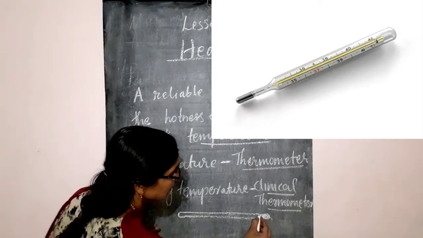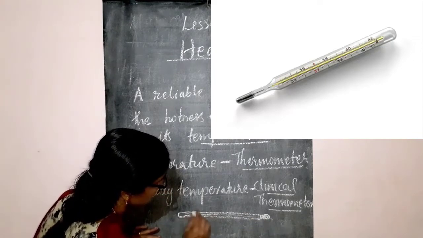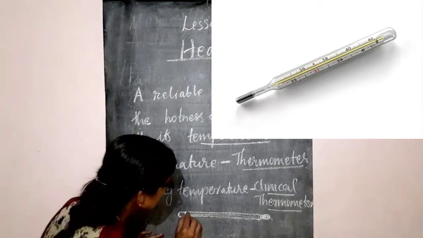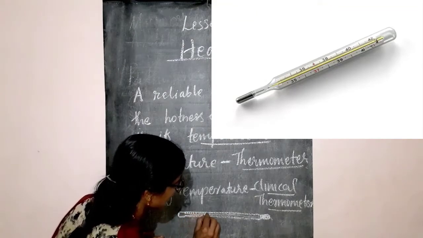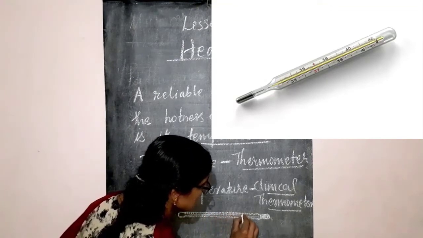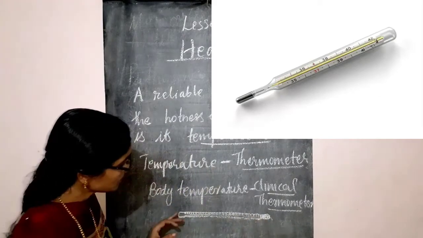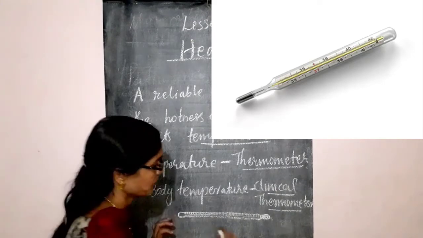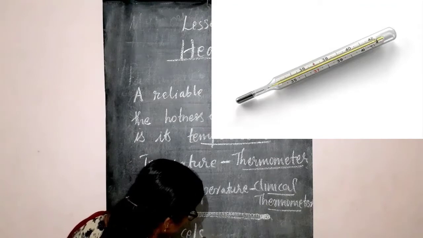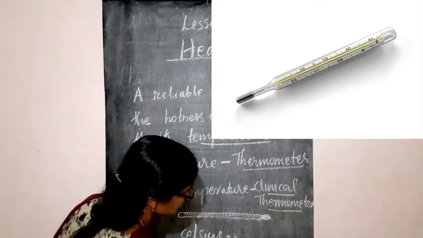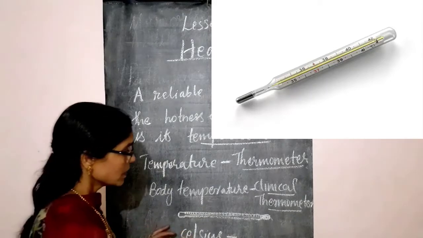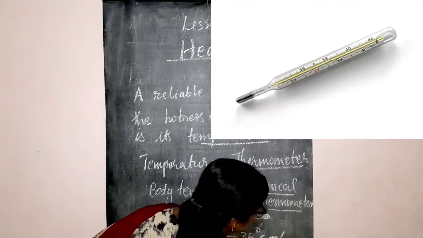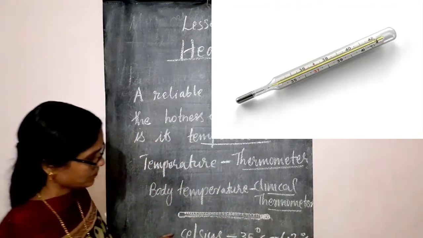Also we can see a mercury line on one side of the thermometer, and also we can see a scale. In the thermometer, the scale is in Celsius, which reads from 35 degrees Celsius to 42 degrees Celsius.